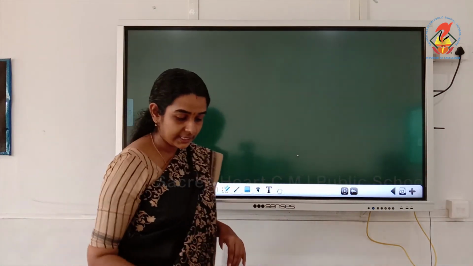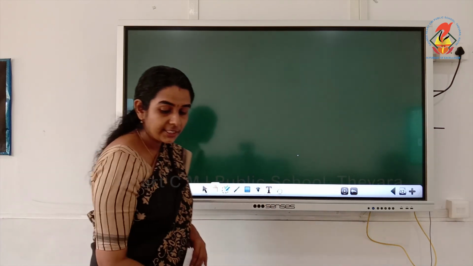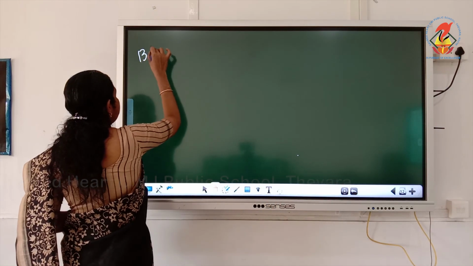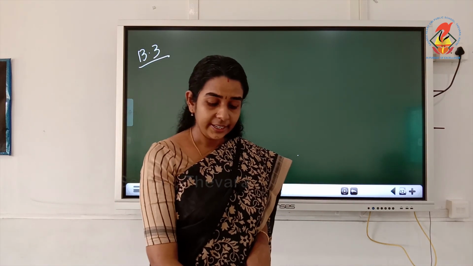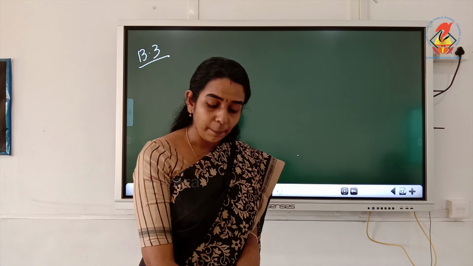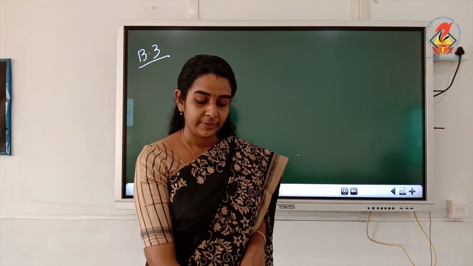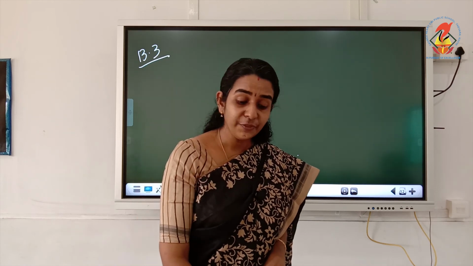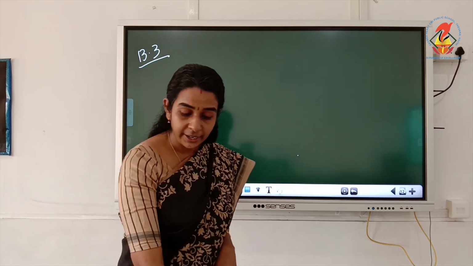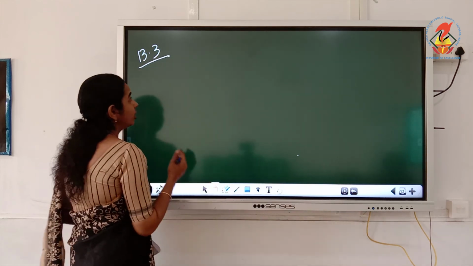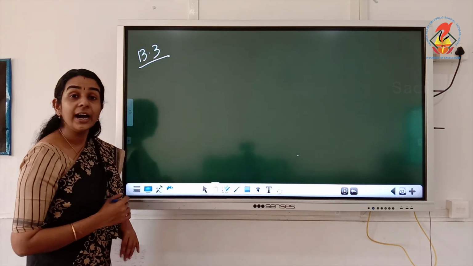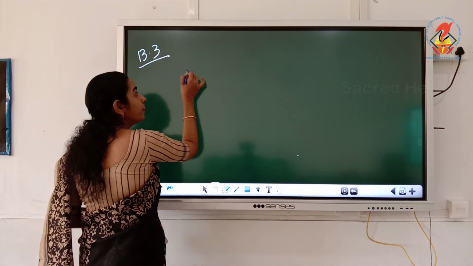So there is one question in the textbook, solved example 13.3. Write the amide which gives propanamine by Hofmann-bromamide reaction. So the question is to write the amide which gives propanamine.